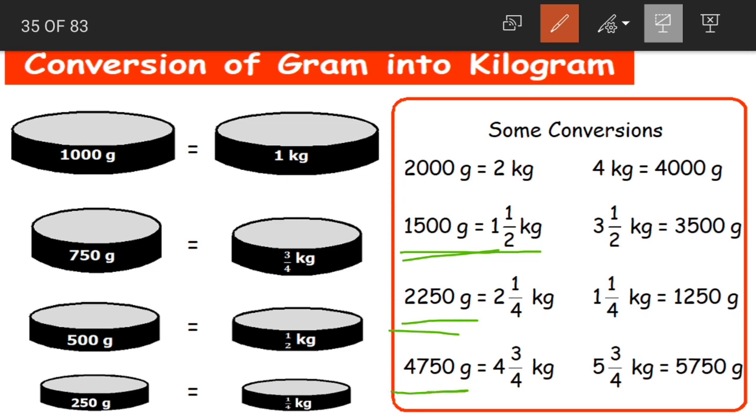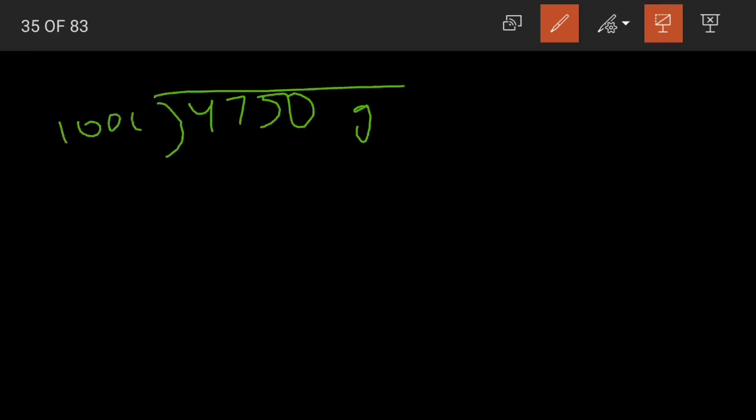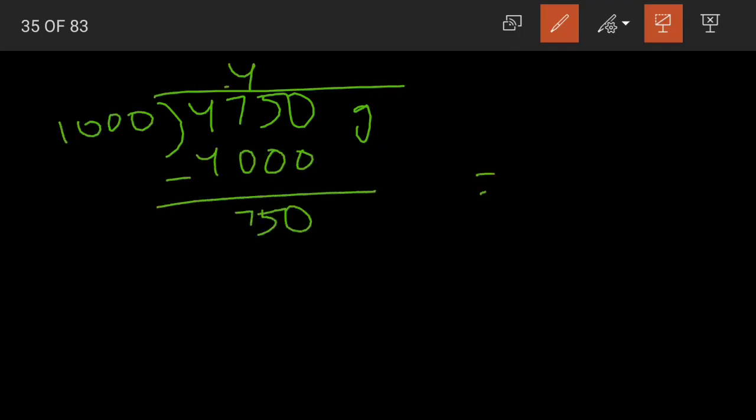The last one, 4750 grams. Again, we have to divide it by 1000. Upon division, we get 1000 4s are 4000. When we subtract, 750 is remaining.